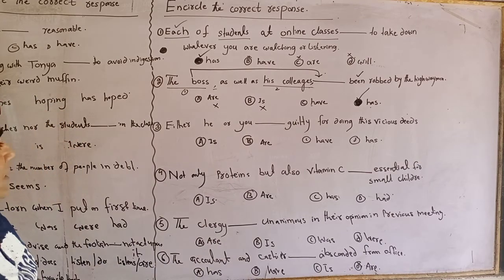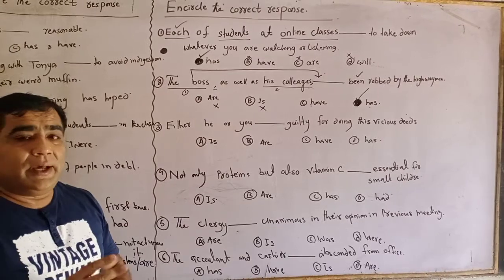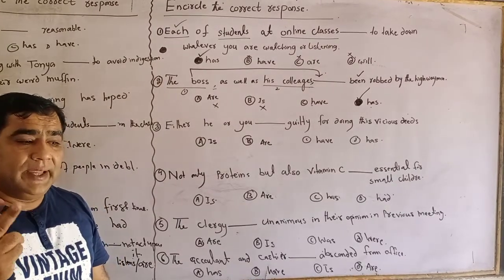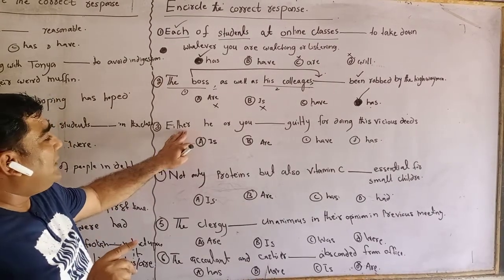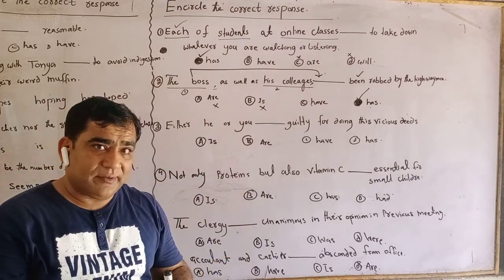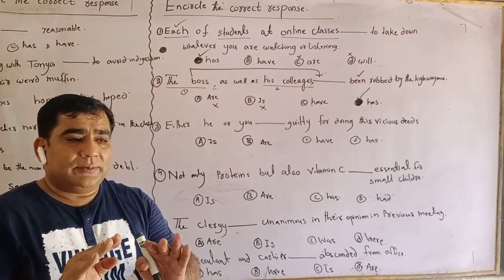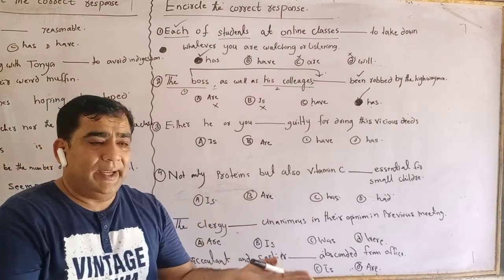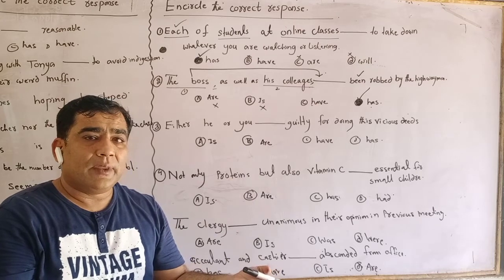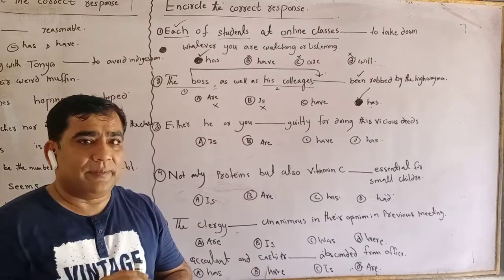Number 3: either he or you dash guilty for doing these vicious deeds. Listen again: either he or you. There are rules when either and or come between nouns. Rule 1: if both sides are singular subjects, they agree with the singular verb.